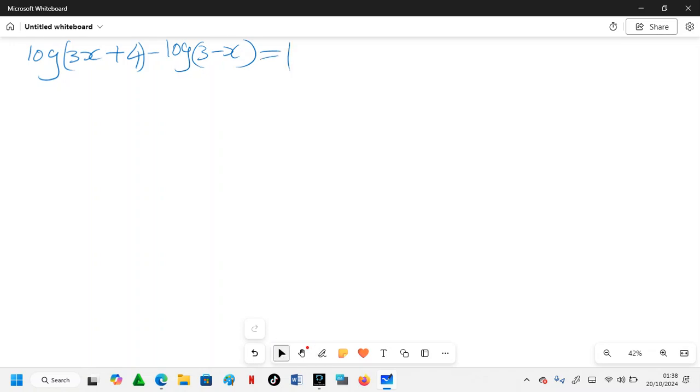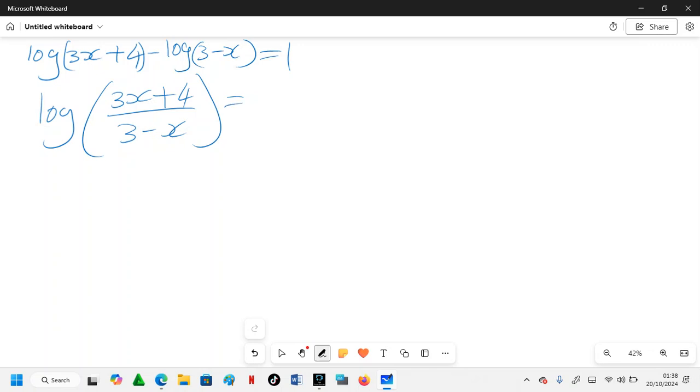So we are going to say that this one will be log of 3x plus 4 over 3 minus x is equal to the log 10, right? Here we are using the second law of logarithms that says that the log of a minus the log of b is just the log of a over b, right?